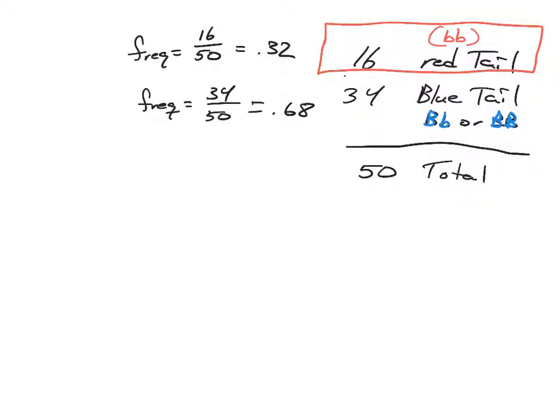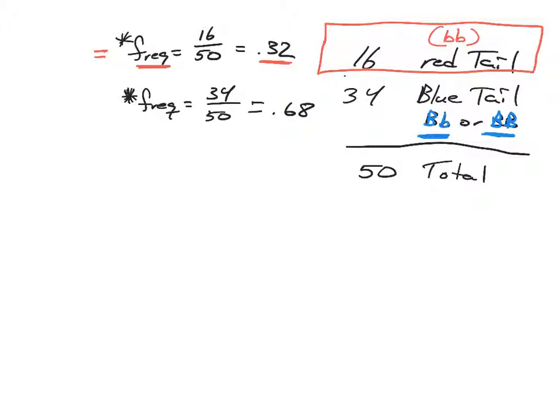Now, what does this tell us? The blue tail frequency doesn't tell us much, because it's a combination of both the heterozygous and the homozygous dominant. But this one tells us a lot, doesn't it? What does this equal?